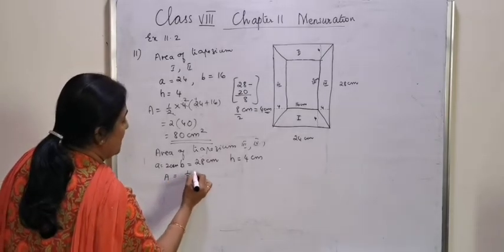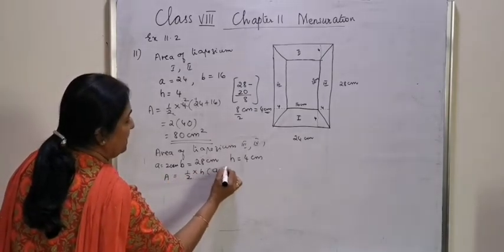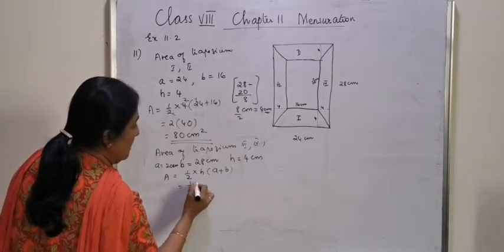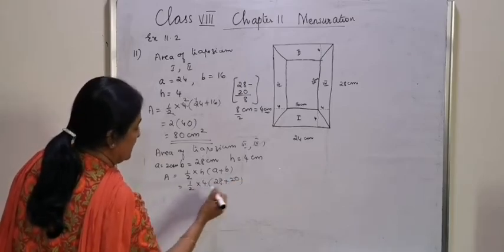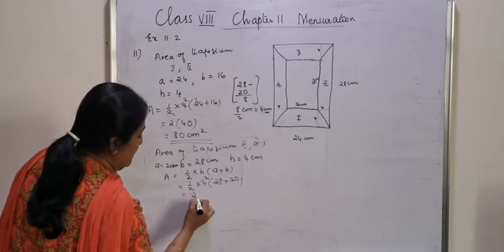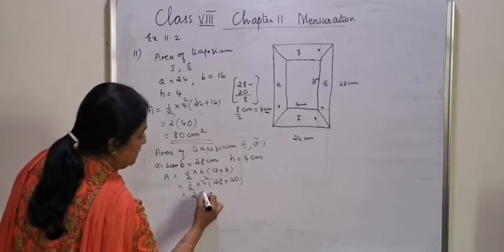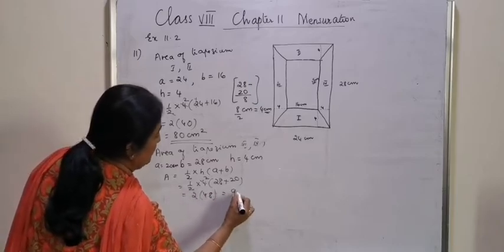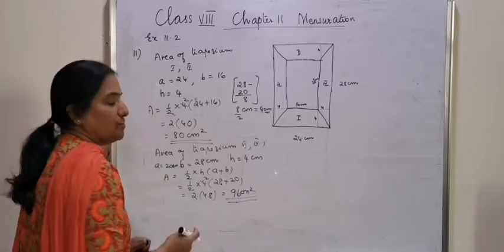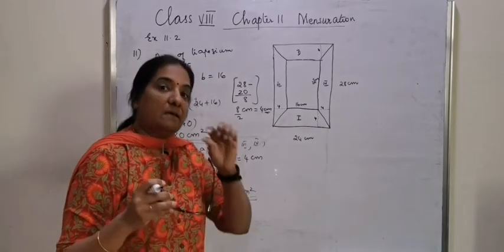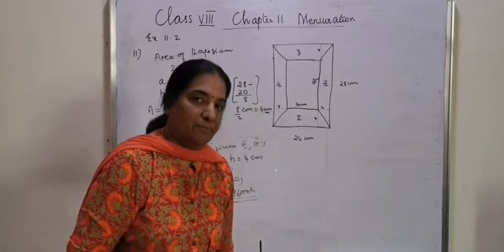Area is equal to half into h into a plus b. Half into 4 into 28 plus 20. 2 into 48, which is equal to 96 centimeter square. So this will be the area of the edges of the frame.